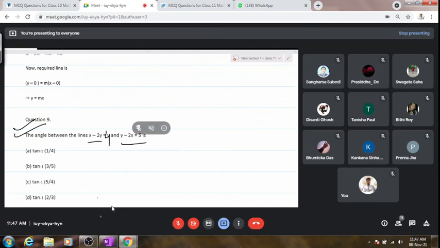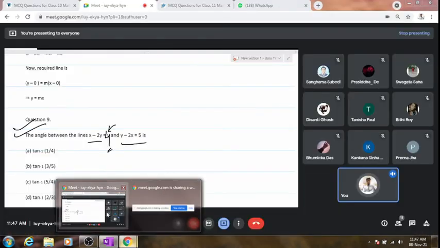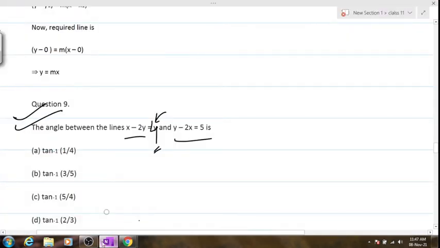You have to calculate the angle between the lines. Now, can anybody tell me what is the formula for the angle between two lines? Sorry, the mic was off. Hurry up, everyone.